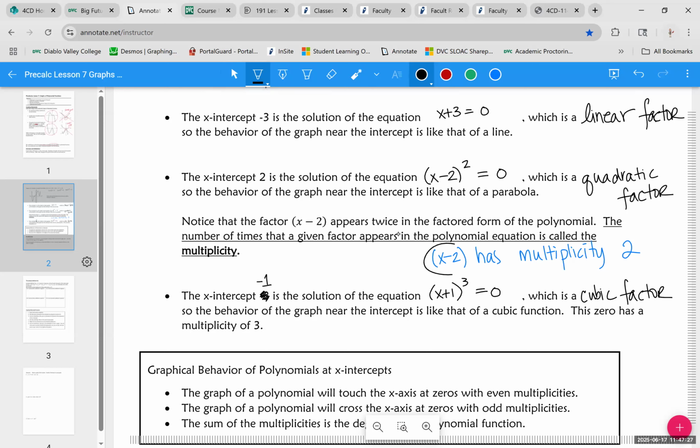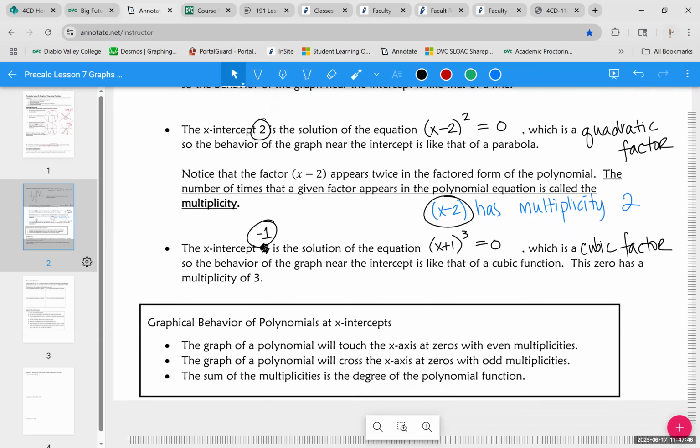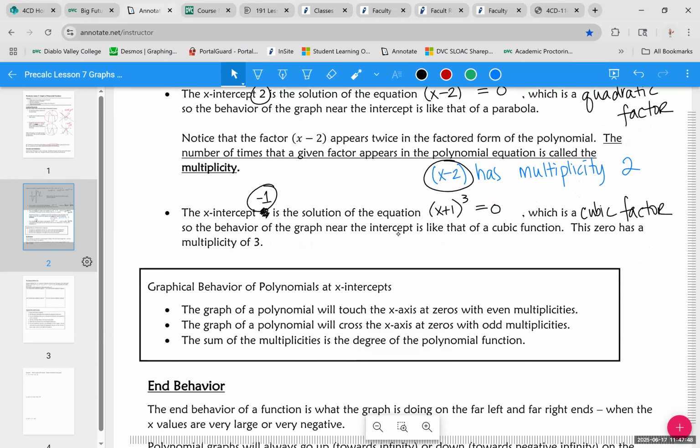So we said x minus 2 has multiplicity 2. You could also say that the 0 itself, 2, has a multiplicity of 2. The 0 of -1 has a multiplicity of 3. Either the factor or the 0. The word multiplicity could apply to either one of those. So the conclusion we're going to draw here is that when we're talking about behavior of the graph at the x-intercepts, here is what we can conclude. The graph of the polynomial will touch the x-axis at zeros with even multiplicities.